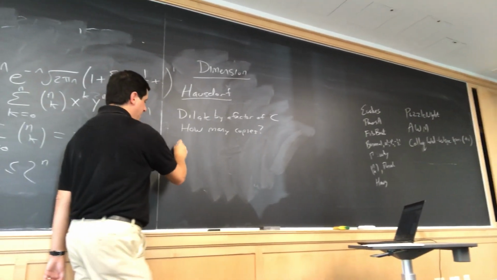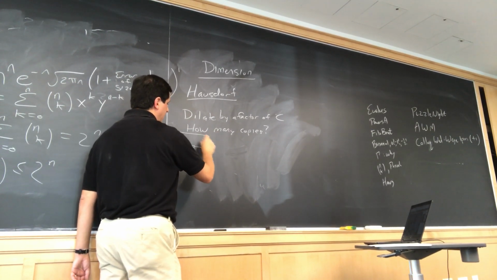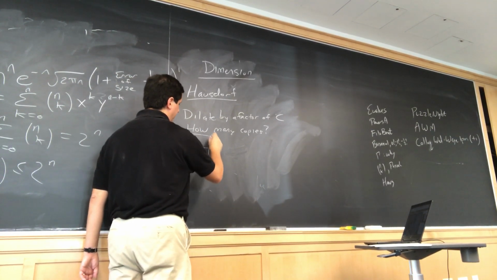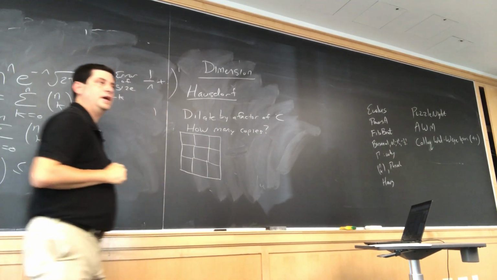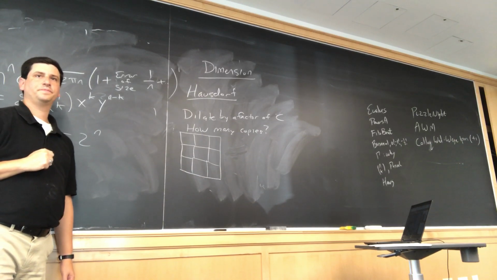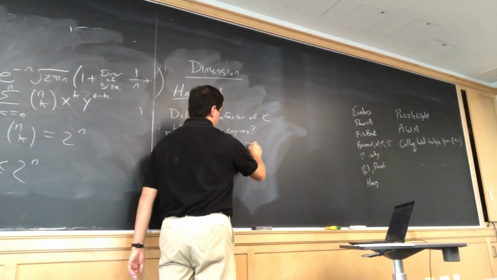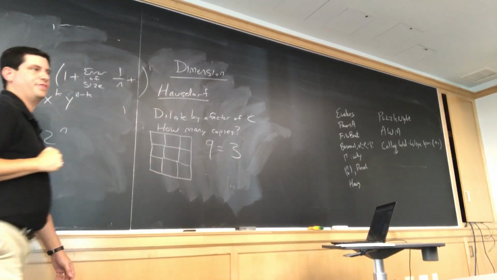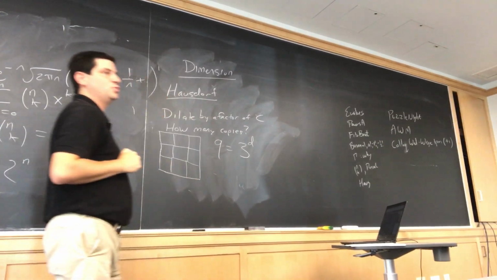So for instance, imagine we have a unit square and we increase everything by a factor, let's do a factor of 3. Okay? How many squares do we have now? 9. We increased everything by a factor of 3, and the dimension is the number that makes this work.